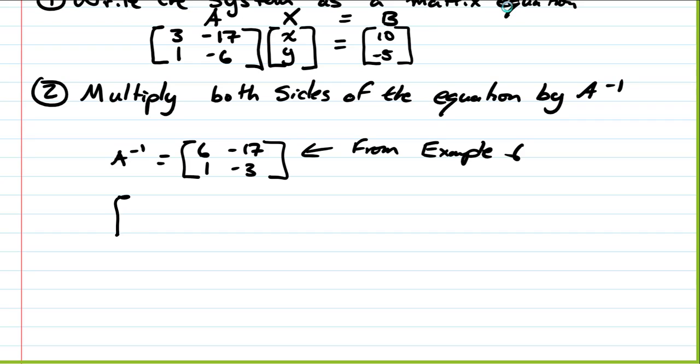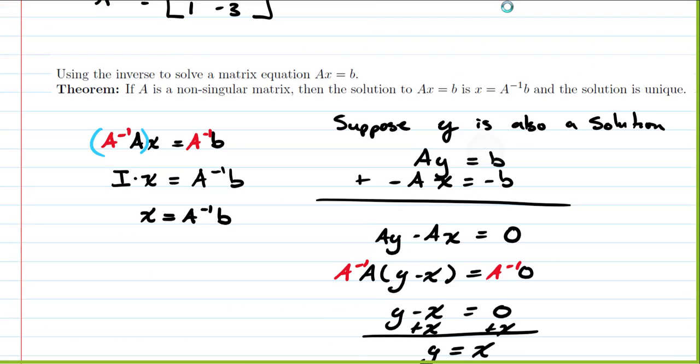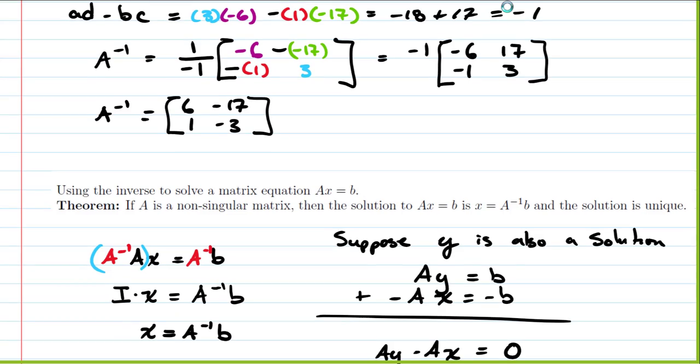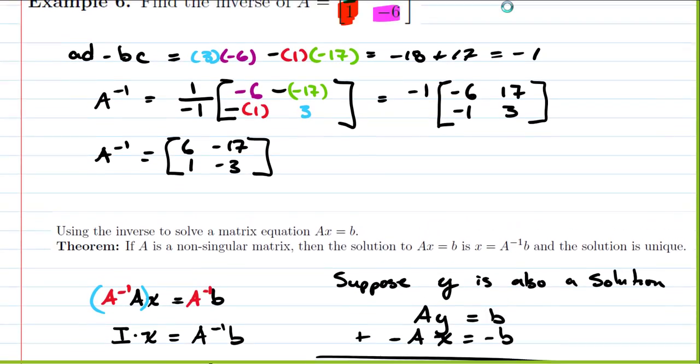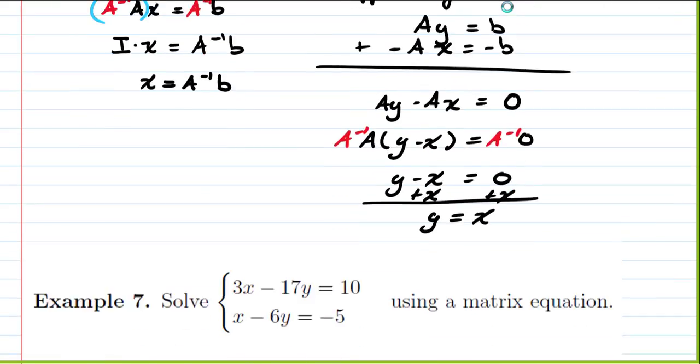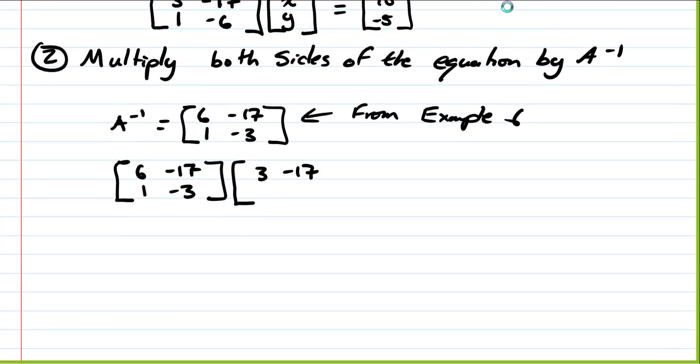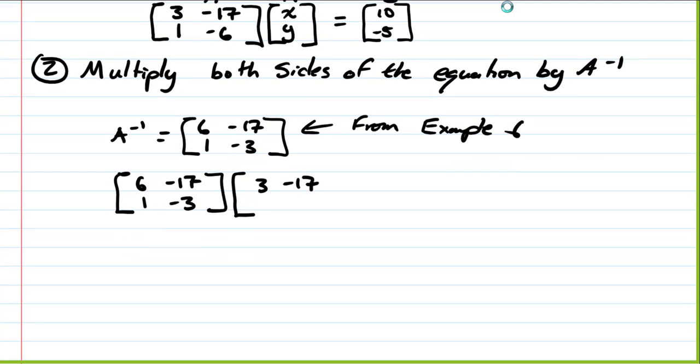So we would have 6, negative 17, 1, and negative 3 times 3, negative 17, 1, and negative 6.